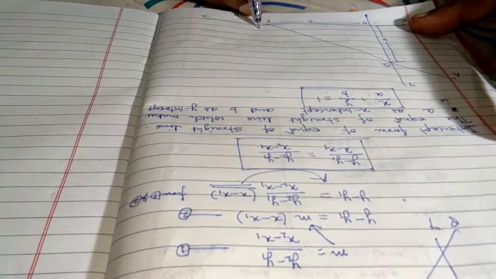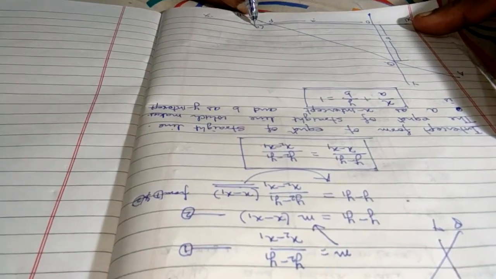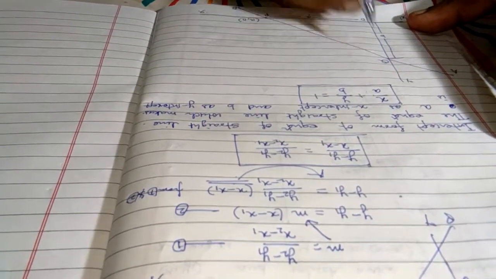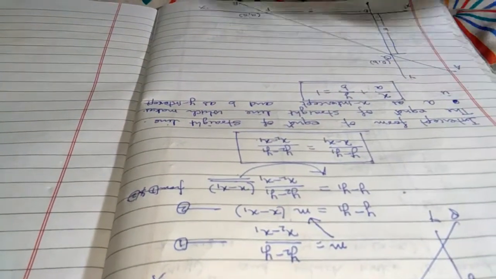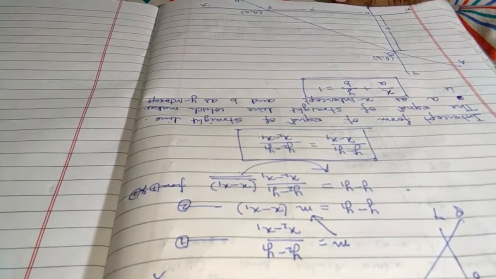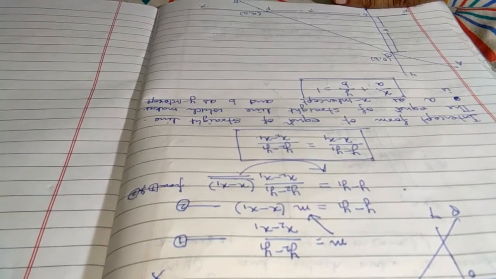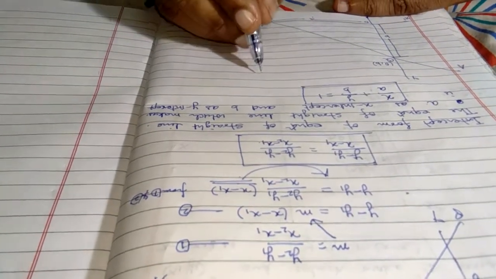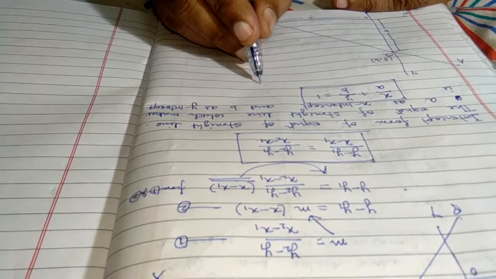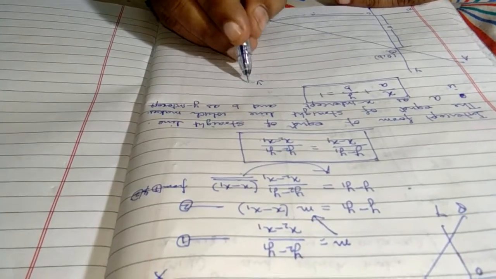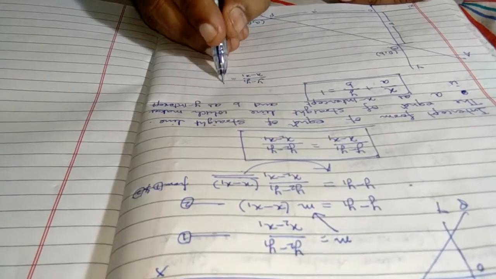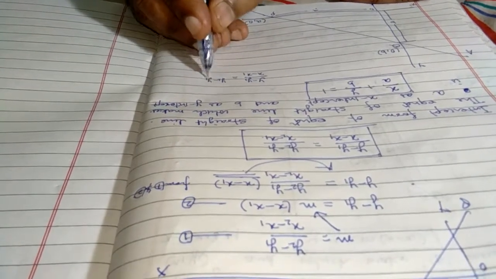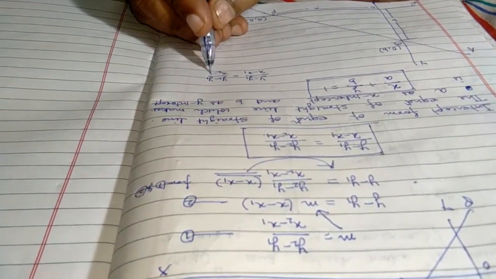So what will be the coordinates of the point P? It will be A,0 and Q will be 0,B. We can find out from the two-point form of equation of a straight line, as we know that the equation in two-point form is y minus y1 divided by x minus x1 is equal to y2 minus y1 divided by x2 minus x1.